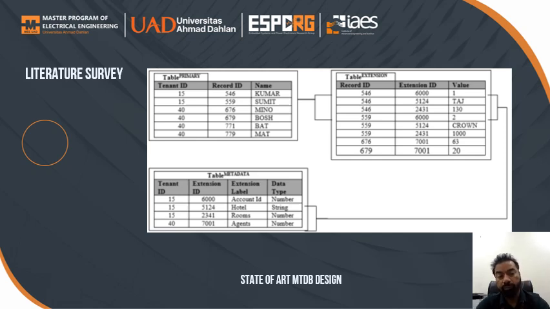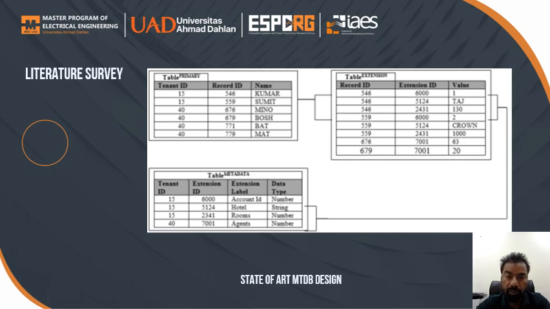If we see this database schema or design, there is a primary table, then an extension table, and then a metadata table. The primary table holds the key or primary information of all the records, and if a record is stretched to multiple attributes, those attributes are handled in the extension table.